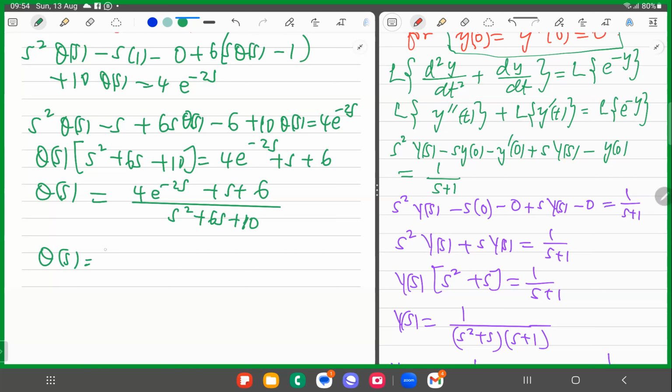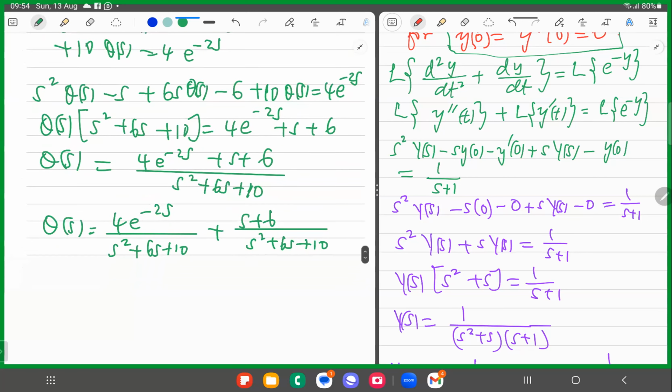Right, because now this you can break it up: 4e to the minus 2s over s squared plus 6s plus 10, plus s plus 6 divided by s squared plus 6s plus 10. Right, so now let's look at this.